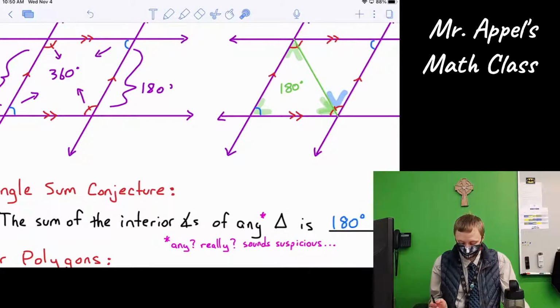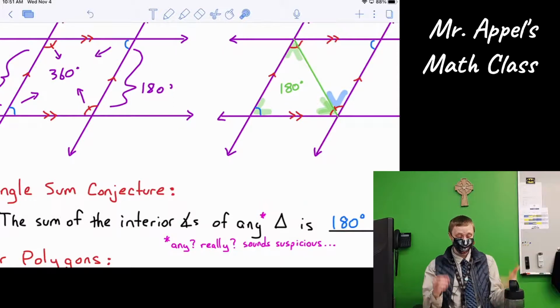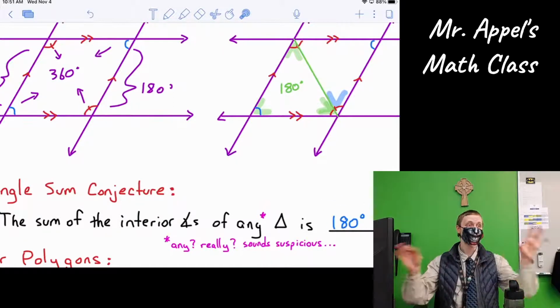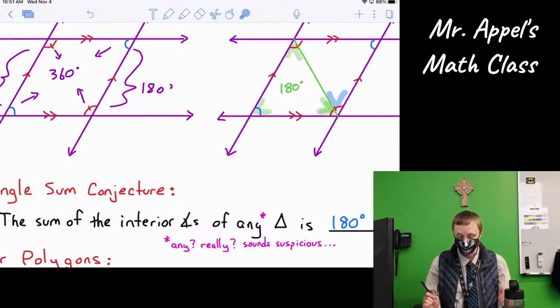Well, it turns out this is not a foolproof proof for the sum of a triangle. We will explore that some more on Friday to justify why we can be safe in saying, yes, absolutely, any triangle, no matter how you draw it, the interior angles will all add up to 180 degrees.